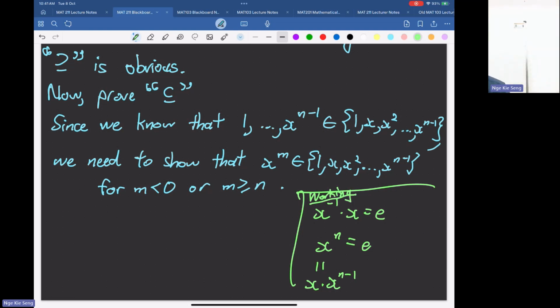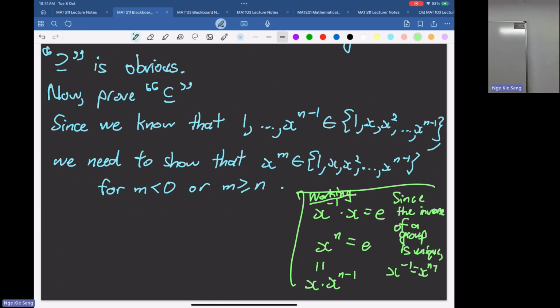Since the inverse in a group is unique, we should know that x inverse equals x to the n minus 1. So we found who x inverse is already. It's in our set, x to the n minus 1.